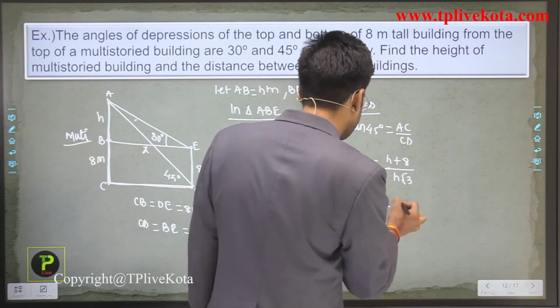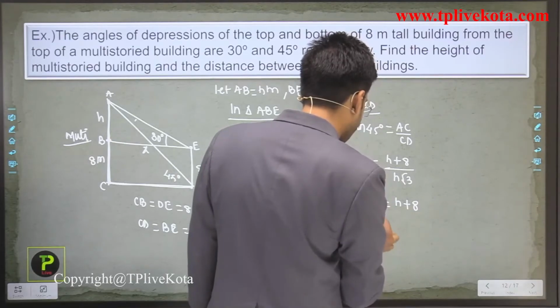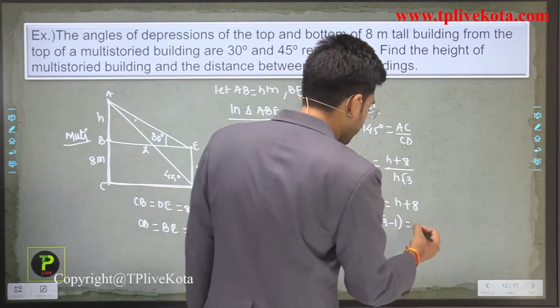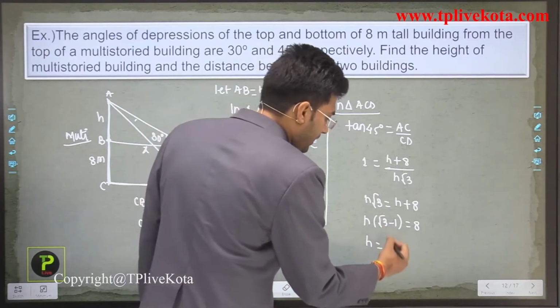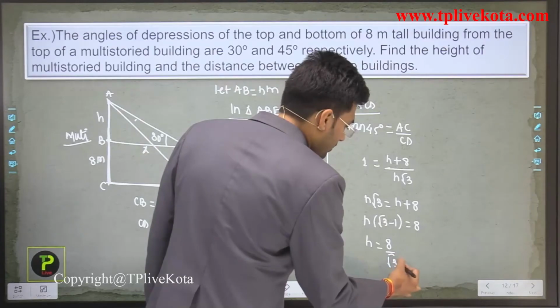H root 3 is equal to H plus 8, and we can take H common. We will get H times root 3 minus 1 equals 8, so H is 8 divided by root 3 minus 1.